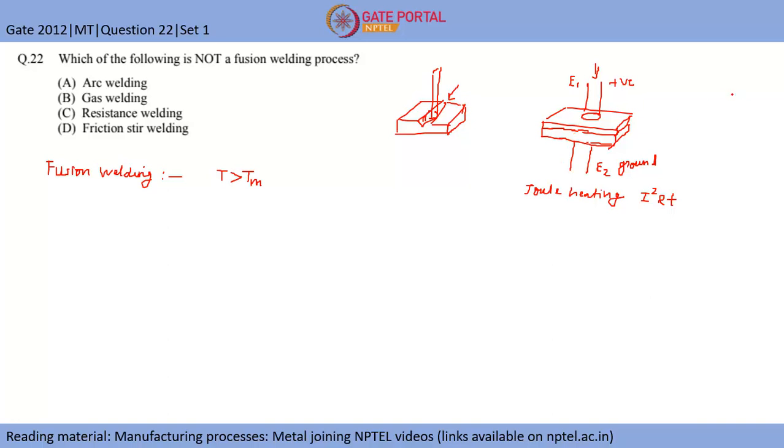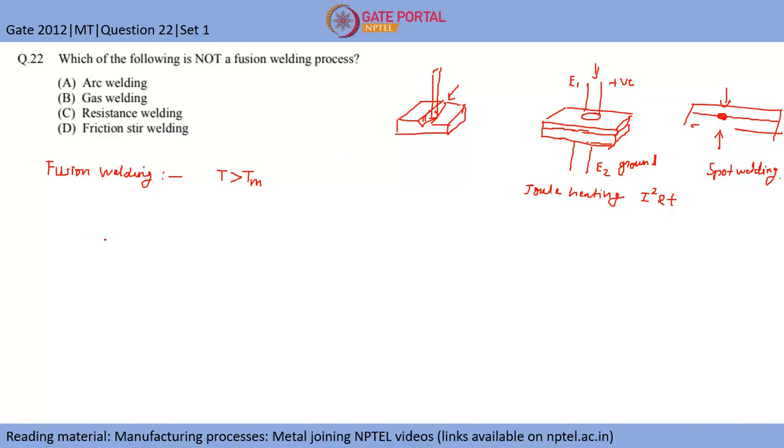So compressive stress also acts on both sheets, and the local temperature is higher. Melting takes place near the interface and you get a weld here. This is also known as spot welding. So in the third option, resistance welding, local melting occurs near the interface and it gets bonded.